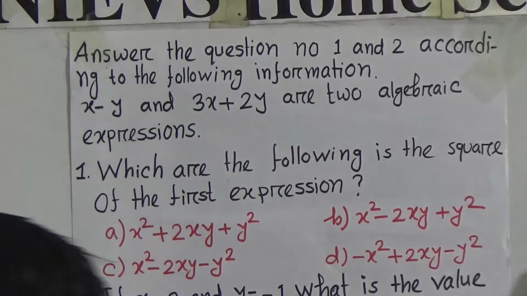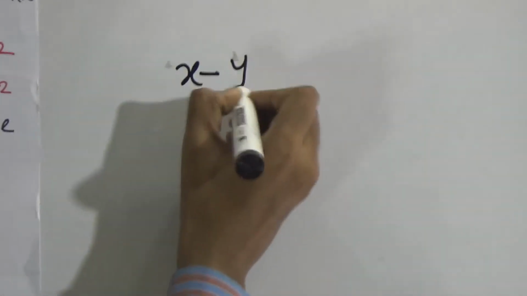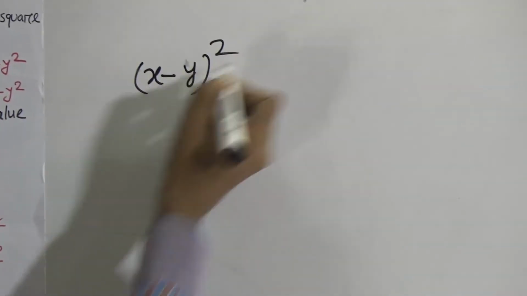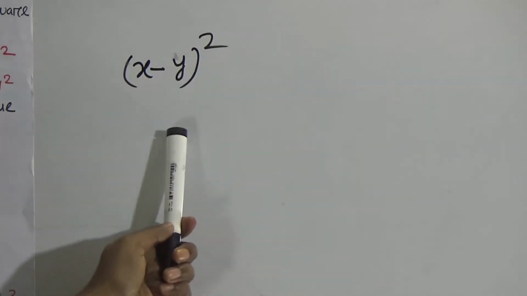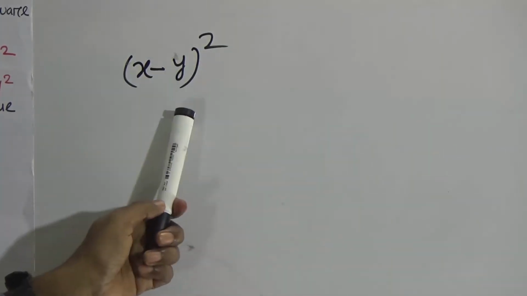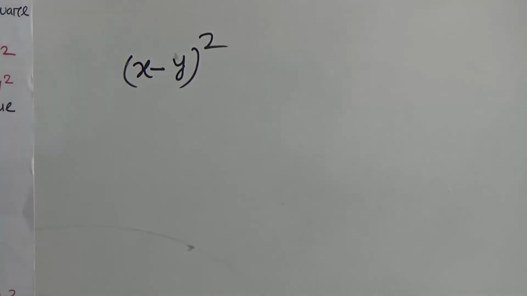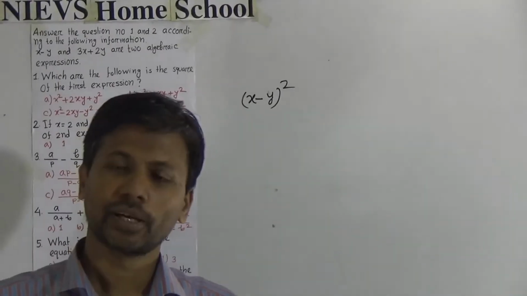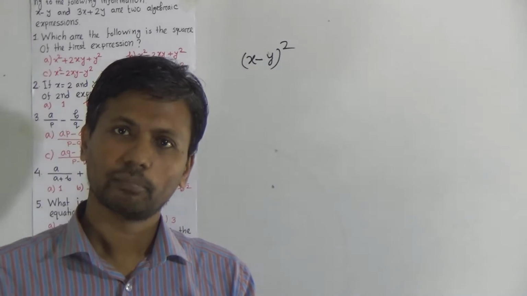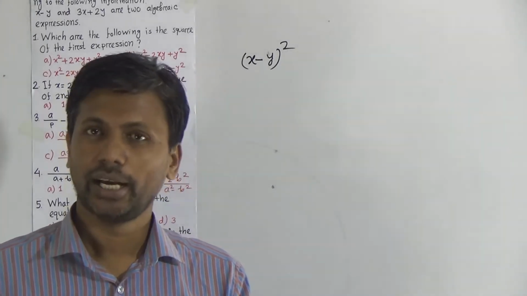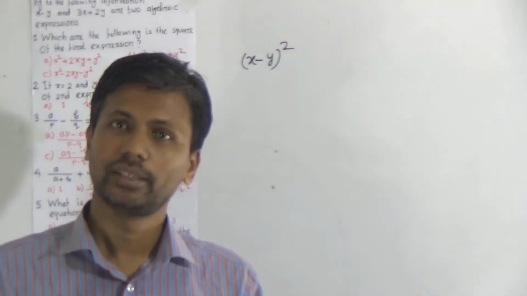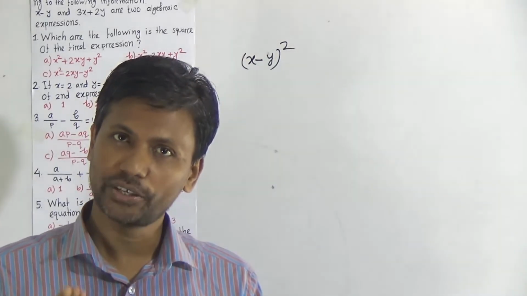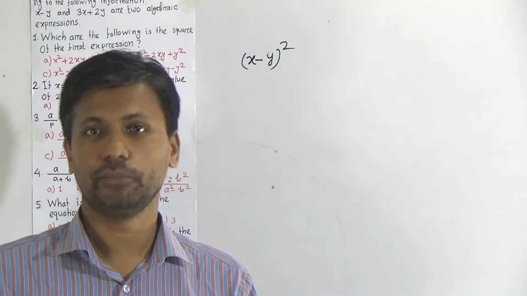So (x minus y) whole square is the square of the first expression. What is the formula? We know a plus b whole square equals a square plus 2ab plus b square, and a minus b whole square equals a square minus 2ab plus b square.